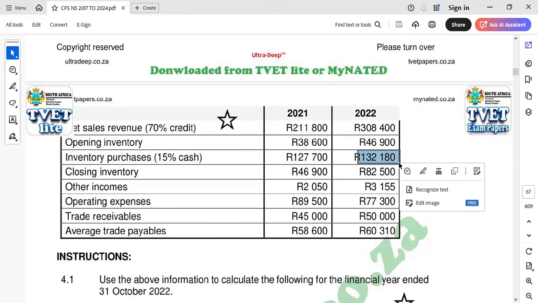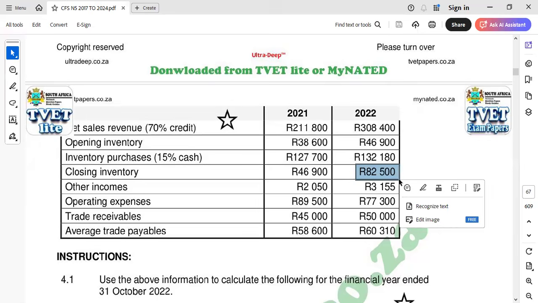Then we are going to say less a closing inventory, which is this one.